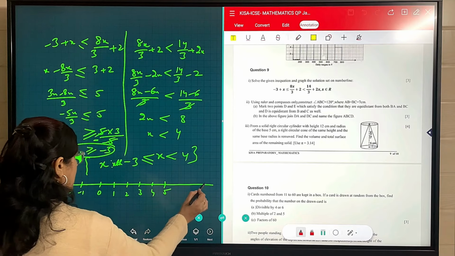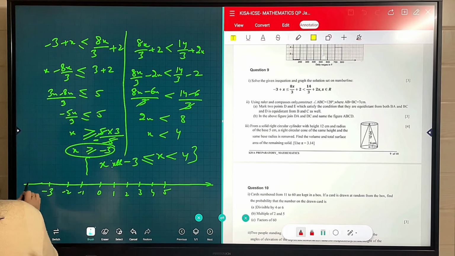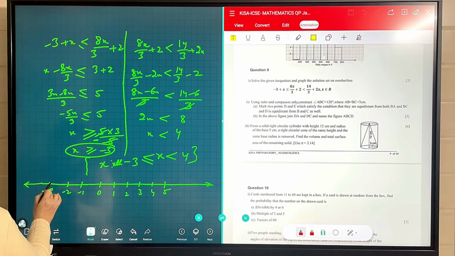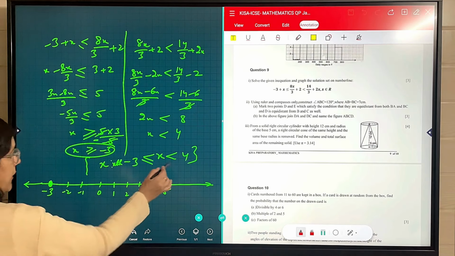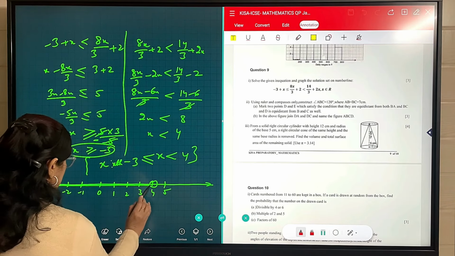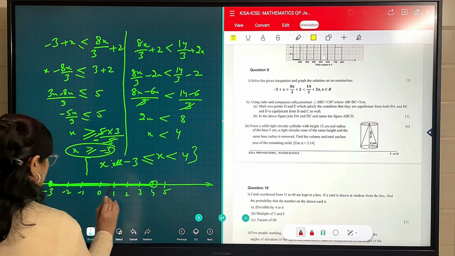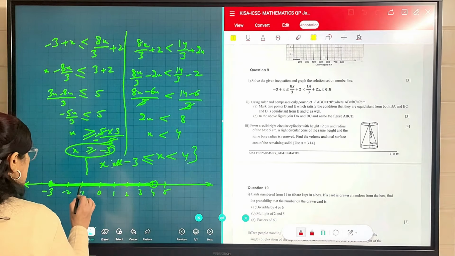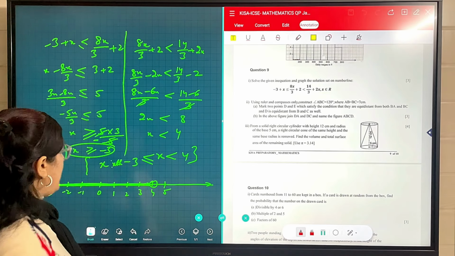One extra reading we can take, and then on this side also. So now here the equality sign is there. So for minus 3 we will take a dark circle, and for 4 we will take a hollow circle, and we have to make this line dark on the number line, because real numbers means we have to take the line, not the points. For all other things we can take points, but in this case we have to draw the line only.